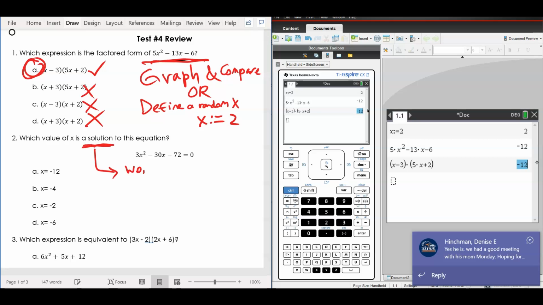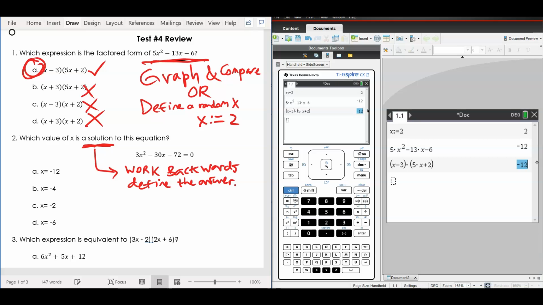Okay. Now, number 2. This one, if they give you the equation and they have solutions, that's when you have to work backwards. Define the answers and then see if the equation is true or false. Okay, so let's do that.